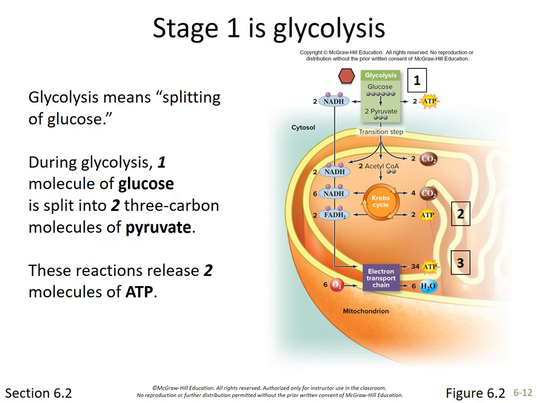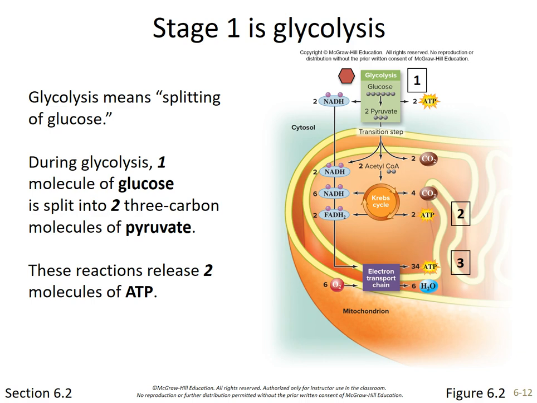Glycolysis: lysis means splitting, glyco is glucose, so it's the splitting of glucose. One molecule of glucose is split into two 3-carbon molecules of pyruvate. Here's our simplified version of our 6-carbon glucose, and here are two pyruvates. So everything is accounted for as we go through because of the laws of conservation of energy and matter.